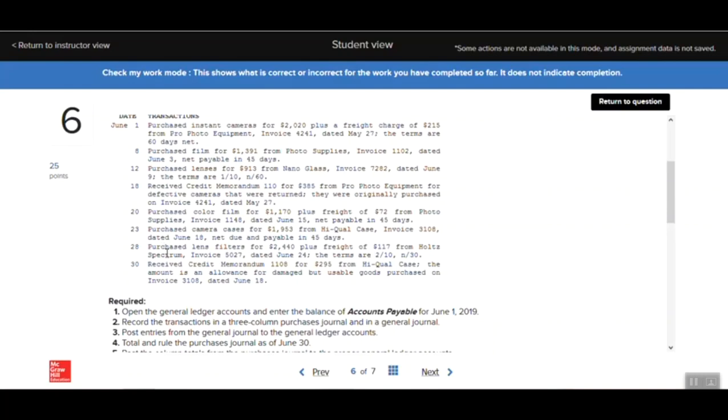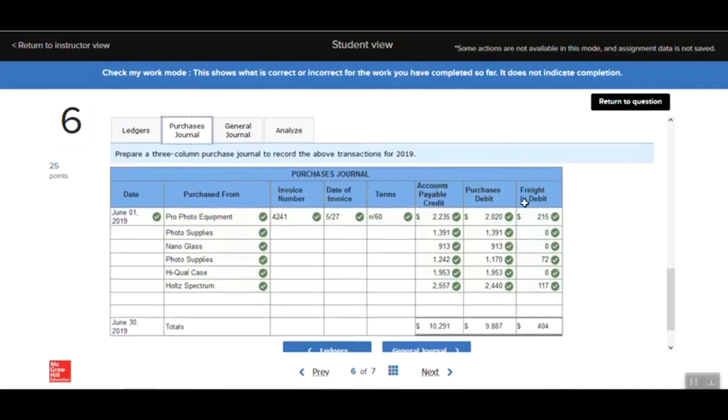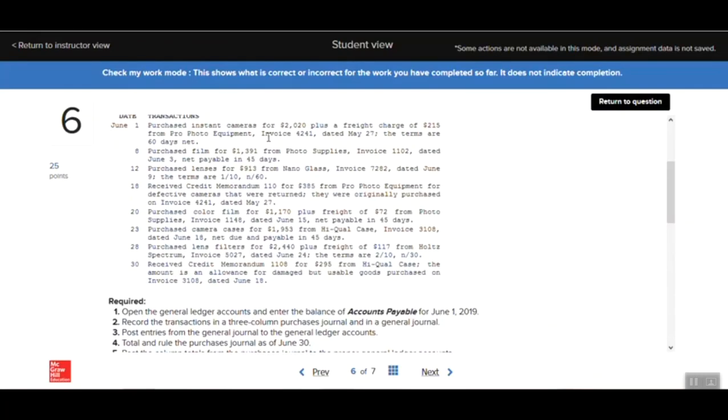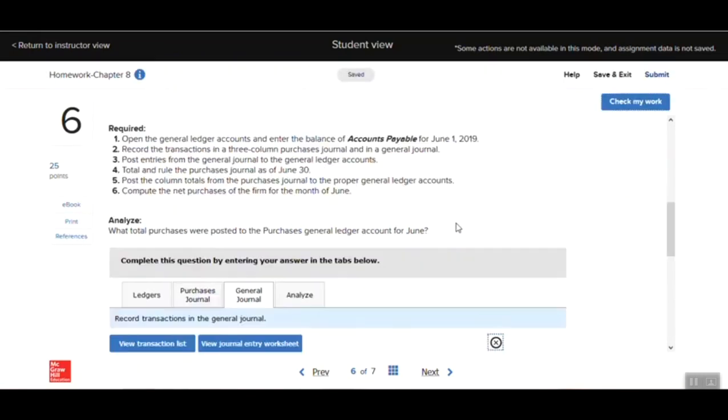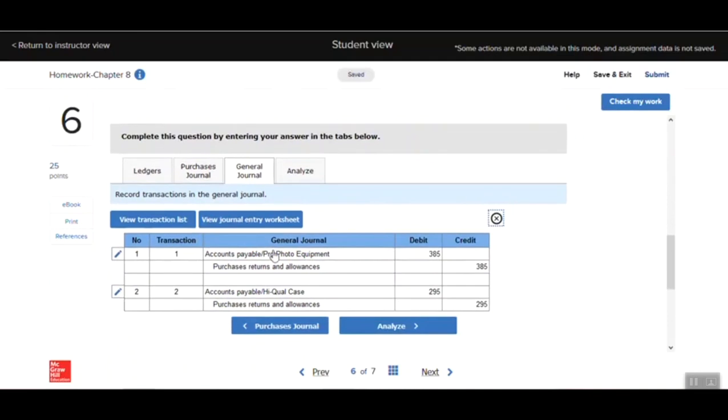And then it says, post entries from the general journal to the general ledger account. So that's the two entries that we had that included the credit memorandums that we could not record in the purchases journal. So I would start at the top line in the general journal and just post each one of those individually.